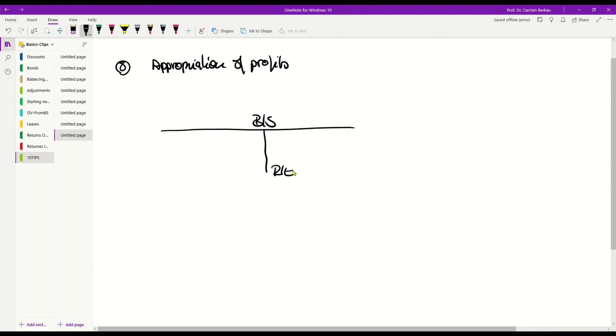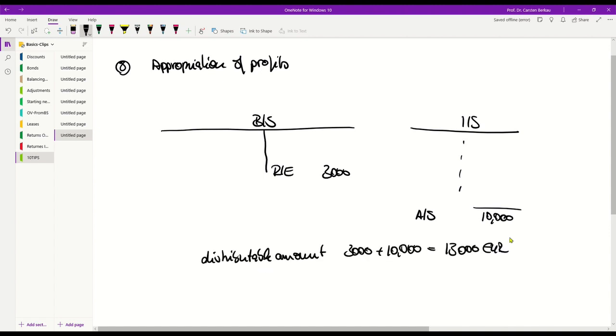So if there is in the retained earnings at the beginning of the accounting period a number, let's say 3,000, and now you calculate on the income statement a profit which is after taxation, so it is your annual surplus, which is, for example, 10,000, then the distributable amount will be 13,000. Very often the task is the company declares a dividend of 10% of the distributable amount. So that requires that you don't forget the profit carried forward for the calculation of the dividends.